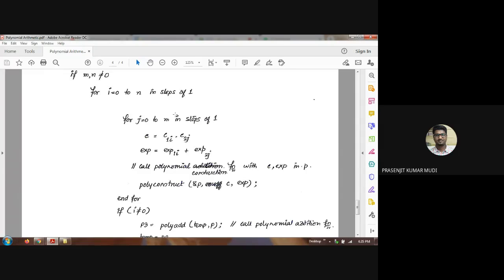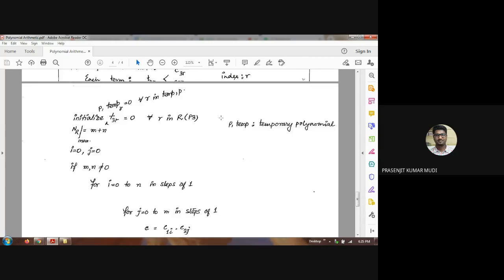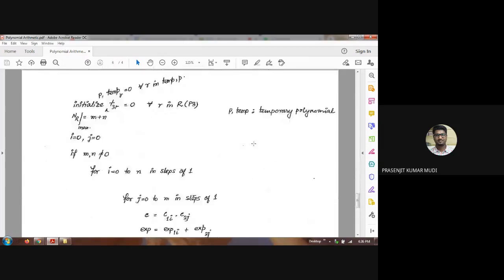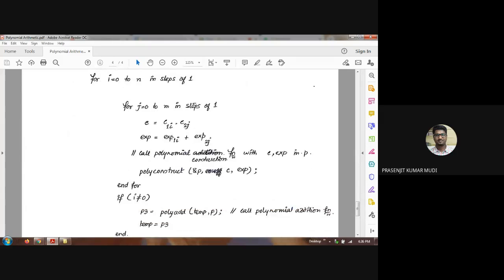This is controlling the construction of each temporary polynomial. So how many terms in each temporary polynomial do we have in this example? 2. 1, 2. Why 2? Because the number of terms in the second polynomial is 2, x and minus 1. ঠিক আছে, মিলে গেল?